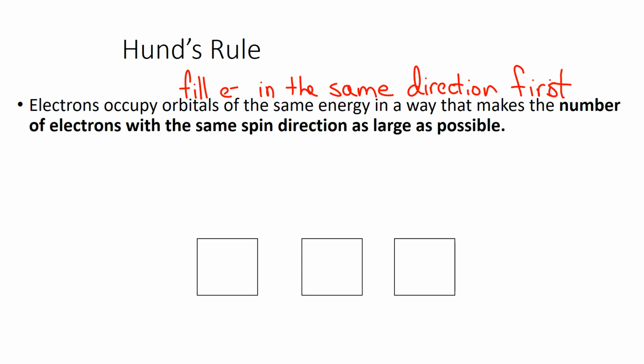Within a certain sublevel, we will fill all of the electrons in one direction before filling the others.